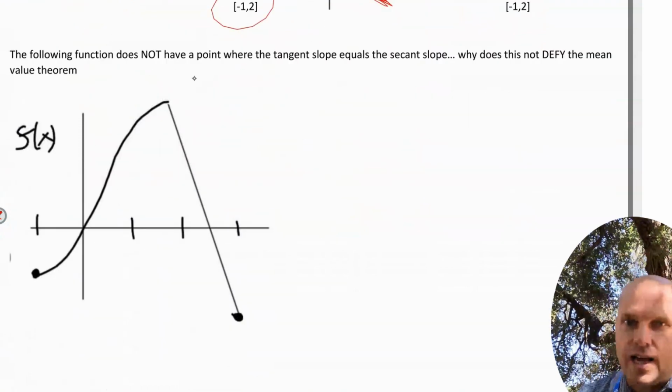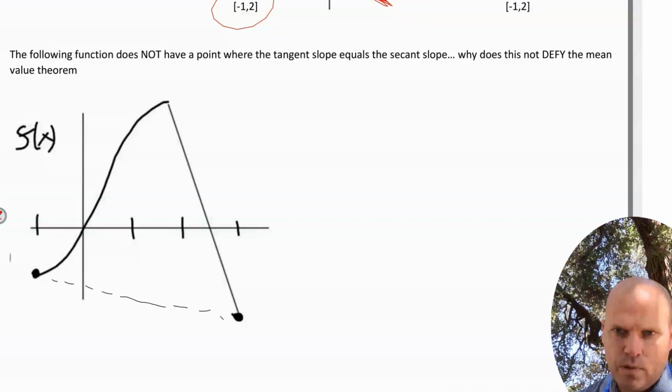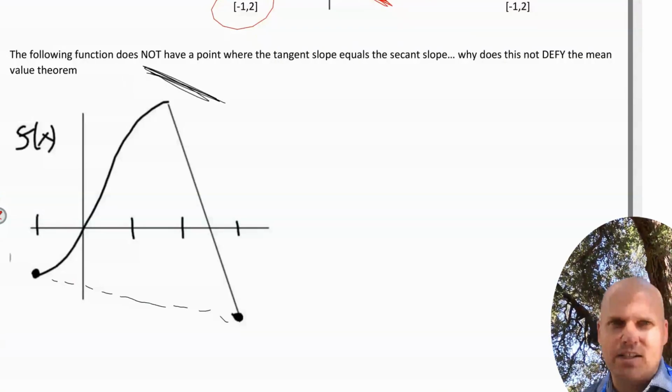The following function does not have a point where the tangent slope equals the secant slope. Here's the secant slope, but we don't have a tangent slope that's equal to that. Why does this not defy the mean value theorem?